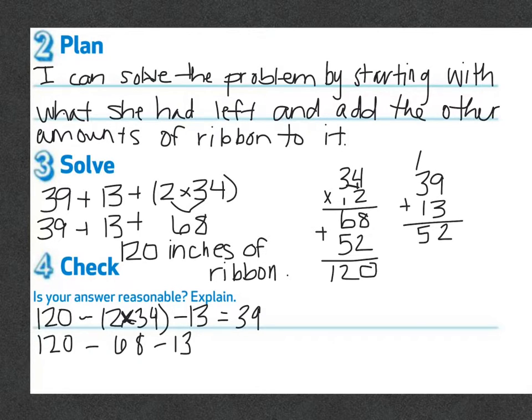So then I would have to do 120 minus 68, and I would get 52, minus 13 is going to get me to 39. That does make sense, and it checks out, so I'm good to go.